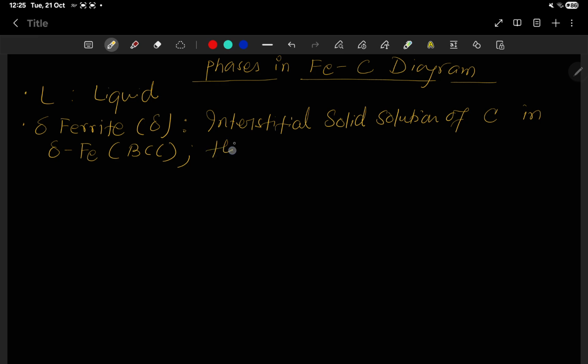It exists at high temperature. The next phase which we represented is gamma austenite.